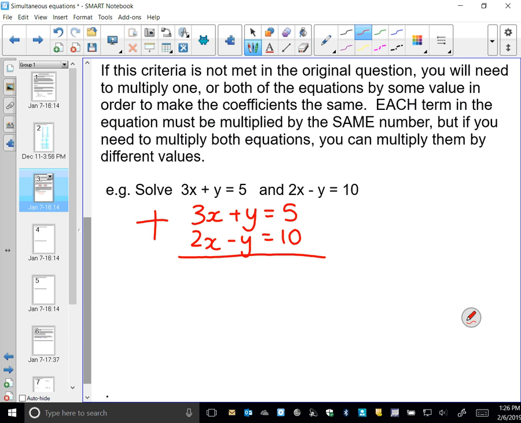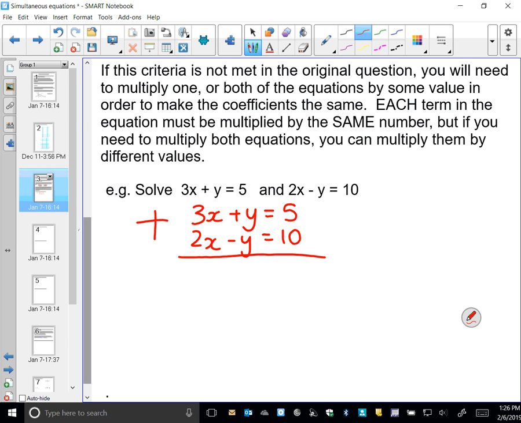Oh, sorry, what I should have said first was, what's the number in front of x here in this one? And this one, is that the same number? No. No, okay. What's the number in front of this y? 1. And what's the number in front of this one? -1. So this is a 1, and this is a -1.